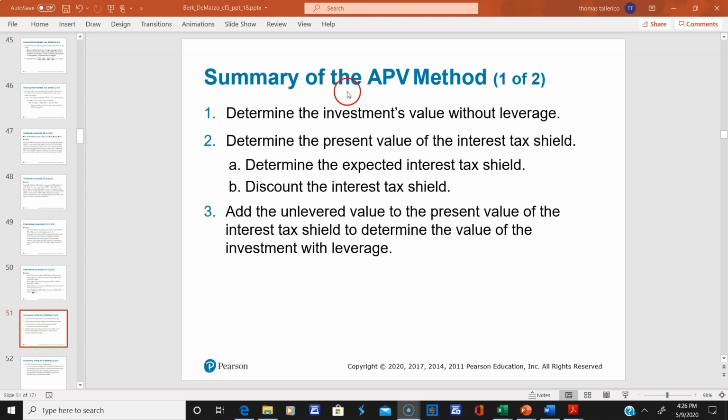Here's a summary of the APV method. We determine the investment's value without leverage, then determine the interest tax shield, and the unlevered value added to the present value of the interest tax shield gives us the value of the investment with leverage.